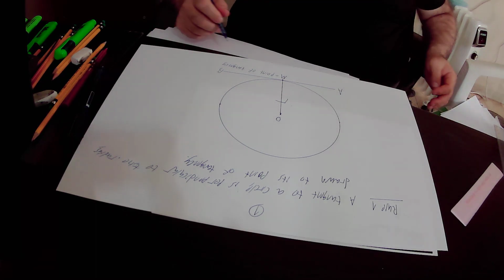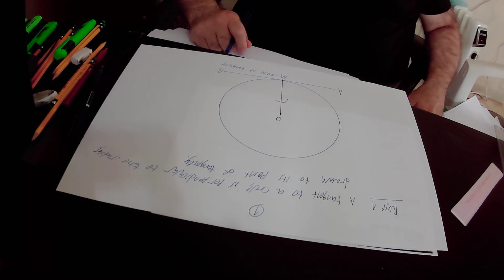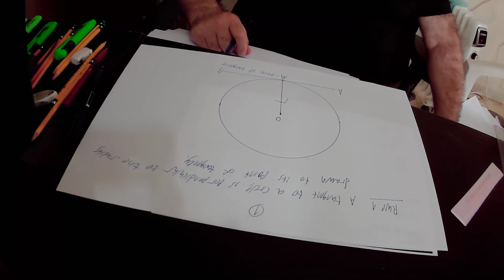I'm reading rule number 1 again. A tangent to a circle is perpendicular to the radius drawn to its point of tangency.